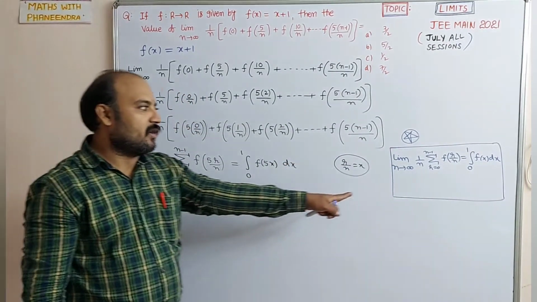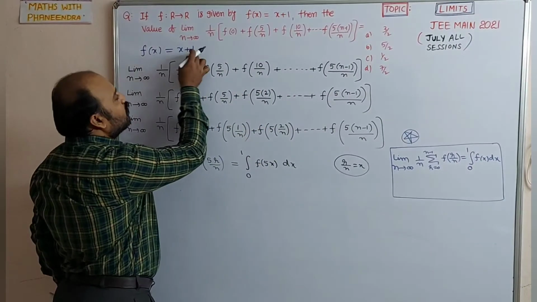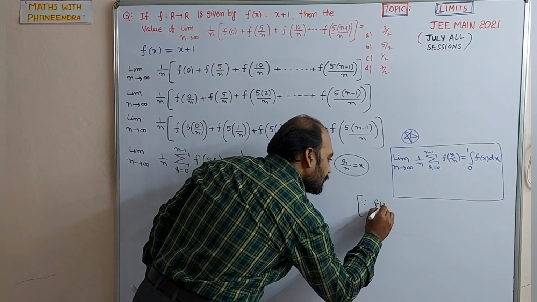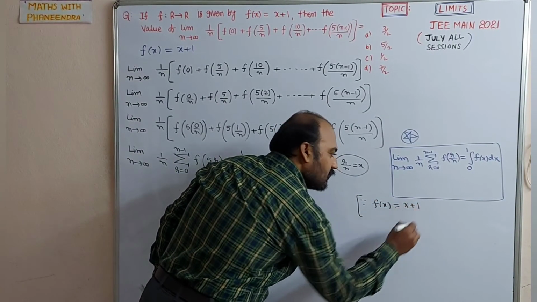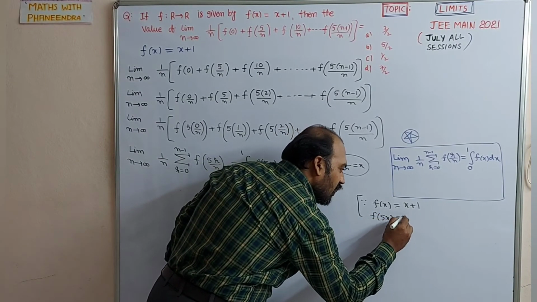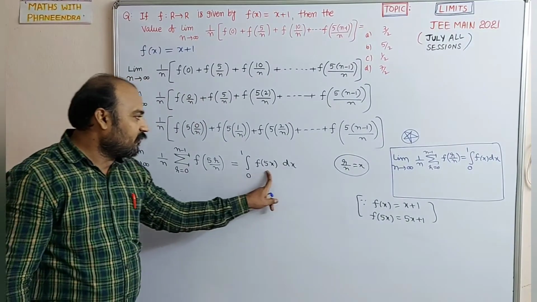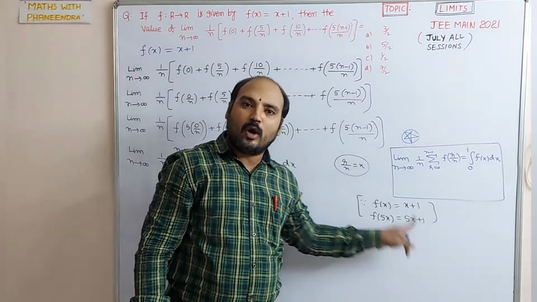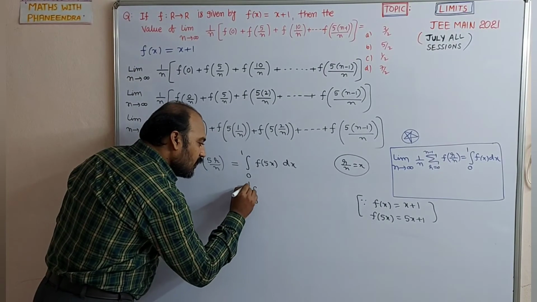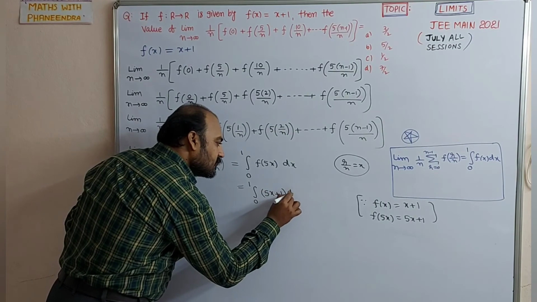So by using this formula, since we have f of x is equal to x plus 1, similarly f of 5x is equal to 5x plus 1. So in place of f of 5x you have to write 5x plus 1 and then integrate. Integral 0 to 1 5x plus 1 into dx.